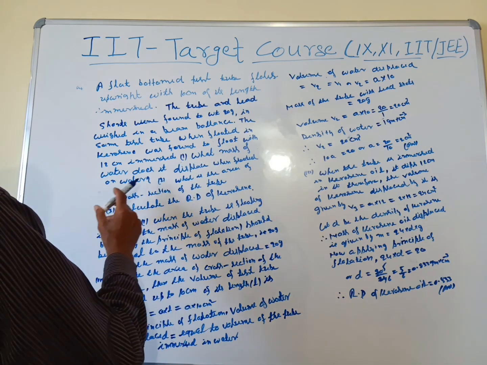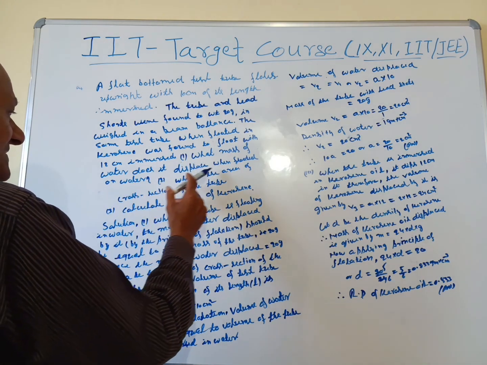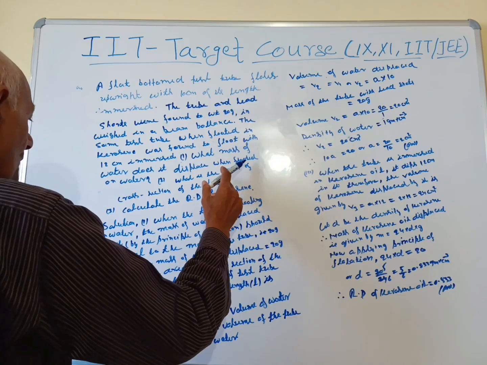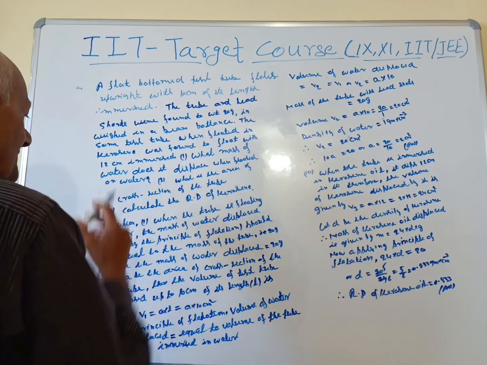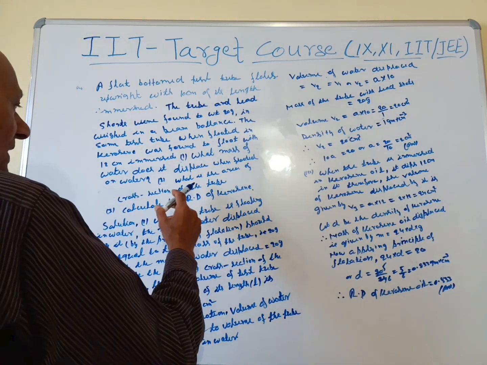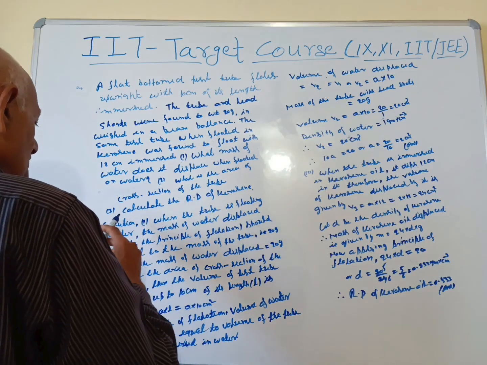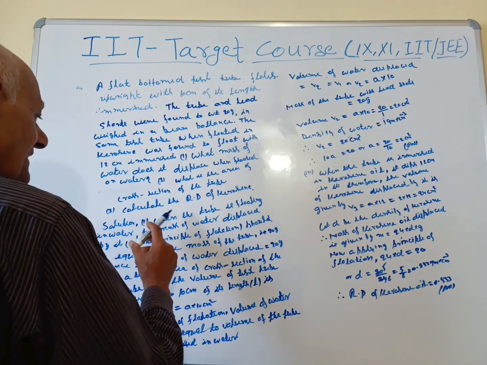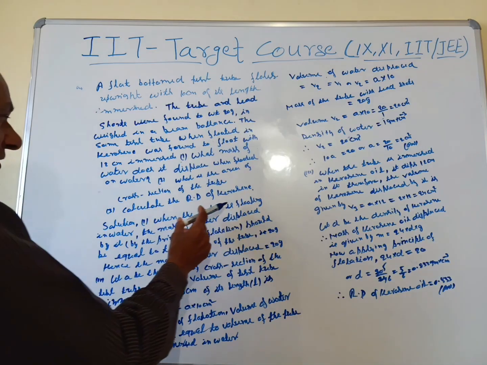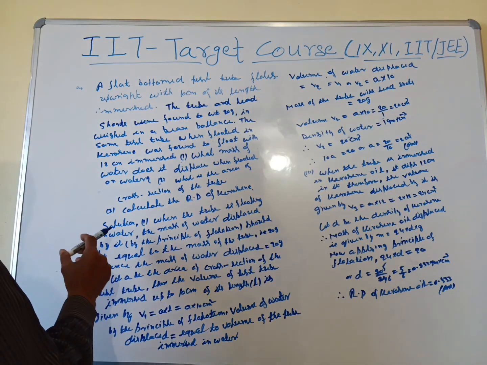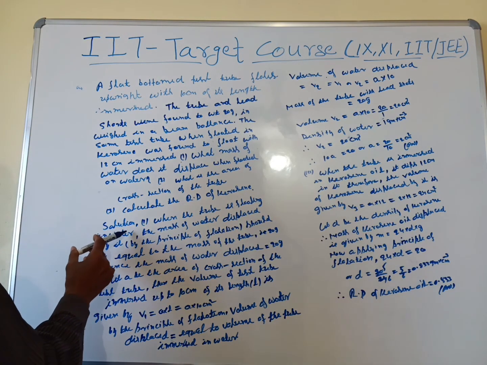First, what mass of water does it displace when floated on water? Second, what is the area of cross-section of the tube? Third, calculate the relative density of kerosene. Solution of question.